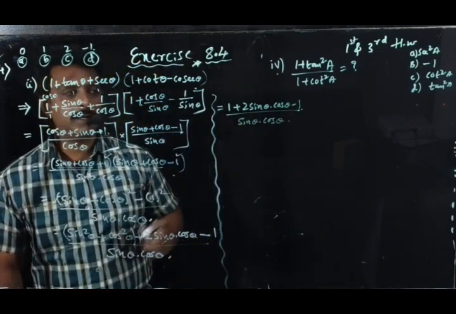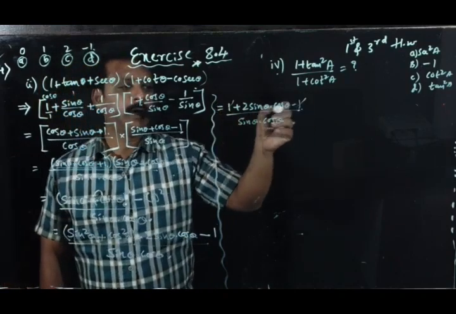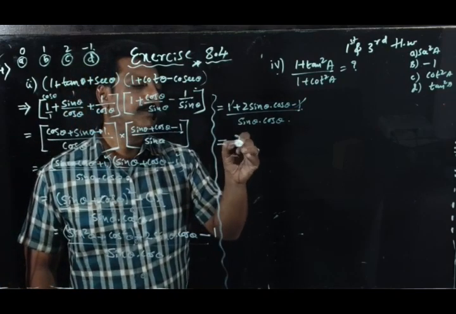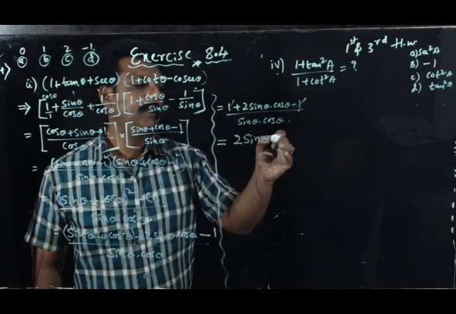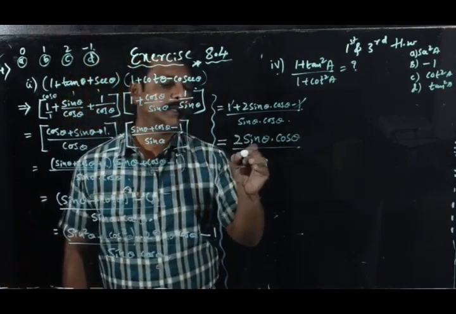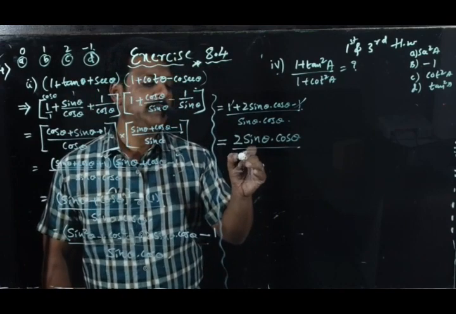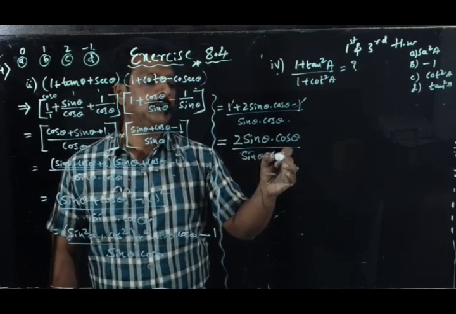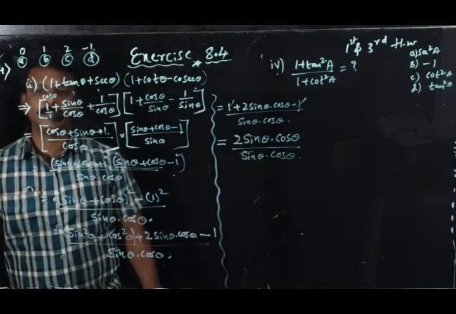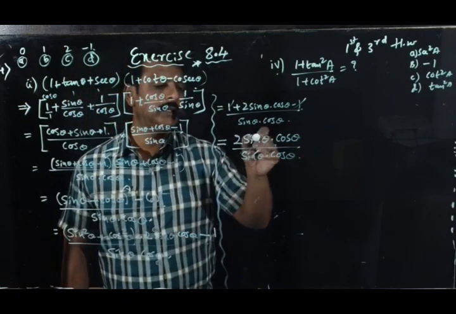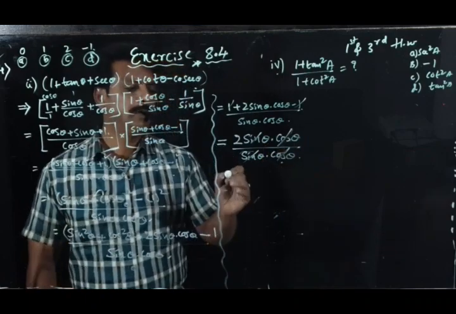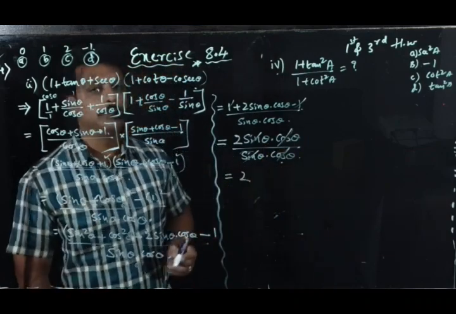All of you observe here. Plus 1 minus 1, these two cancel. Then what are you left with? 2 sine theta into cos theta in the numerator, and sine theta into cos theta in the denominator. Now sine cancels with sine, cos cancels with cos. You are left with 2.